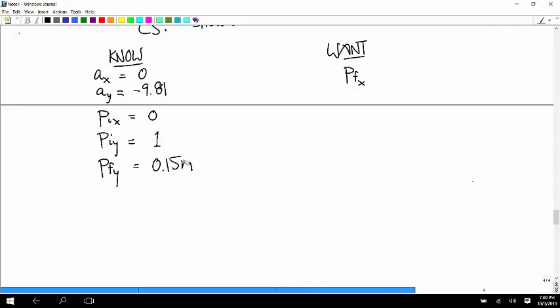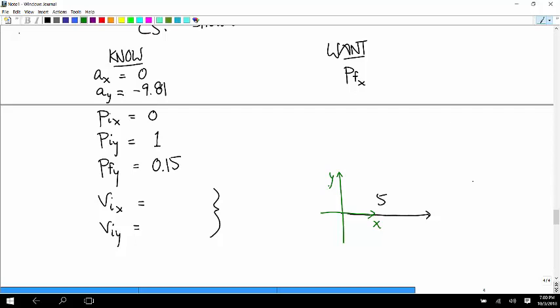Do we know anything about the initial velocity? Okay, so VIX and VIY, we do know both of those, and we're going to get those because we know that at the instant it's released, the ball is moving with the velocity of the bicycle, whatever it's dropped from. And that's horizontal with a magnitude of 5 meters per second. So what are the components of that velocity vector?